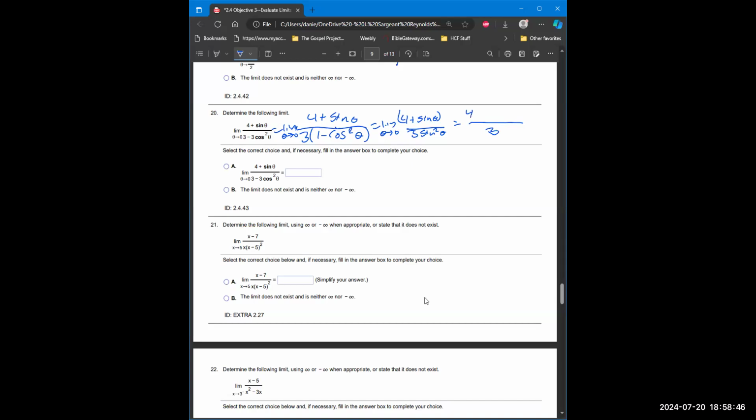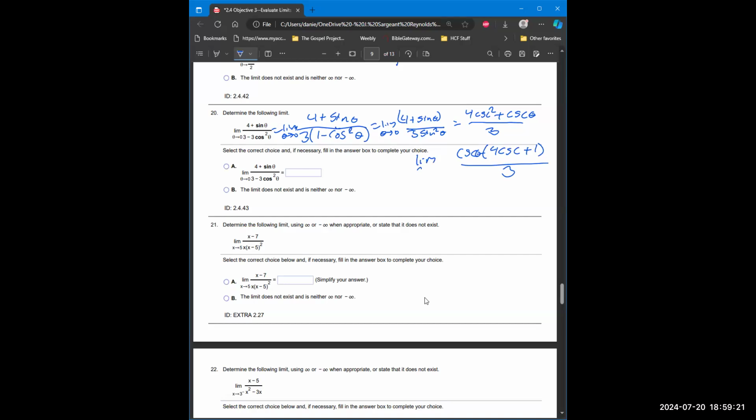This is 4 cosecant squared plus cosecant, which is a cosecant times 4 cosecant plus 1, over 3.